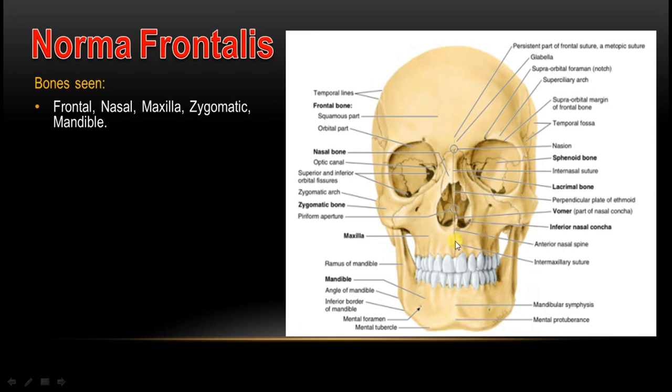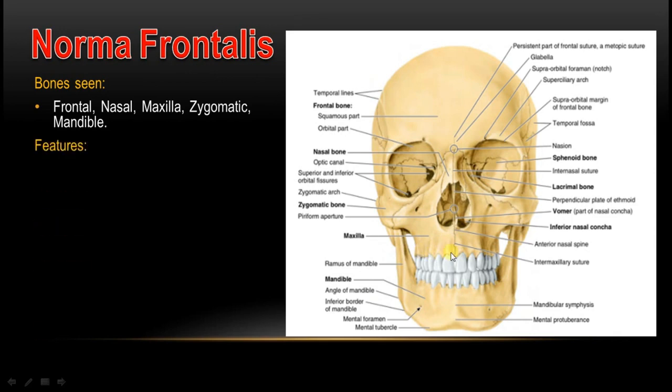You are able to see the body of the maxilla, and the maxilla has 4 processes. The most prominent is the alveolar process, the socket for the teeth of the upper jaw.